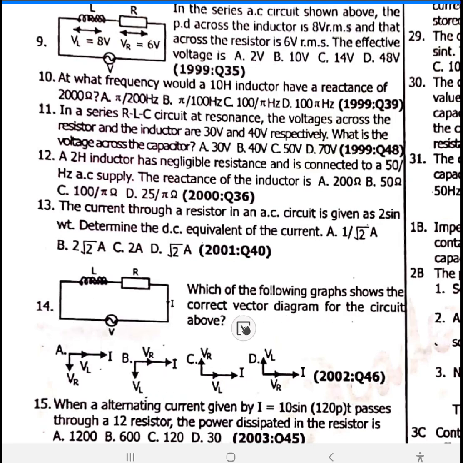Which of the following graphs shows the correct vector diagram for the circuit above?